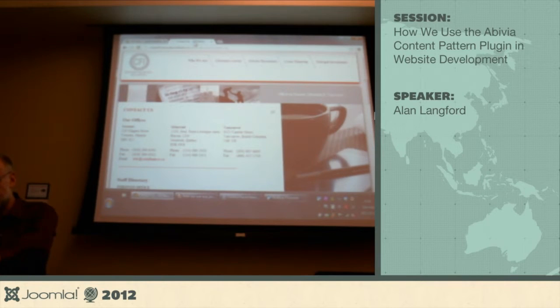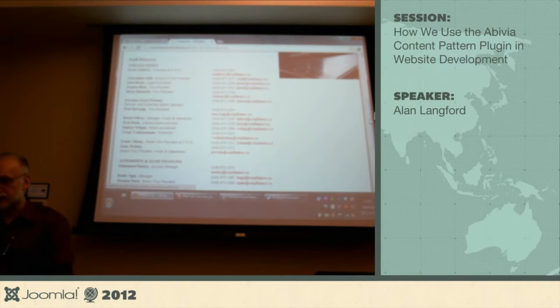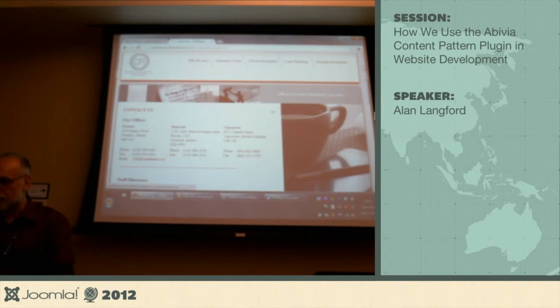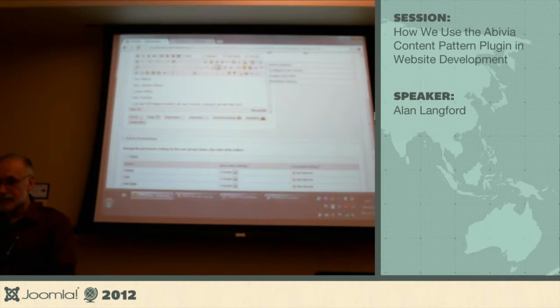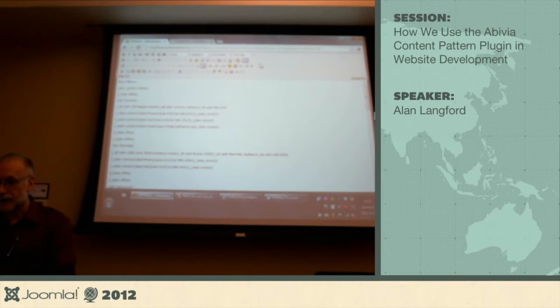It has this set of offices with contact information in it, and then a staff directory down here that's responsive. This is a responsive template. So for the offices, let's make this full screen. There we go. We're referring to this pattern called offices.